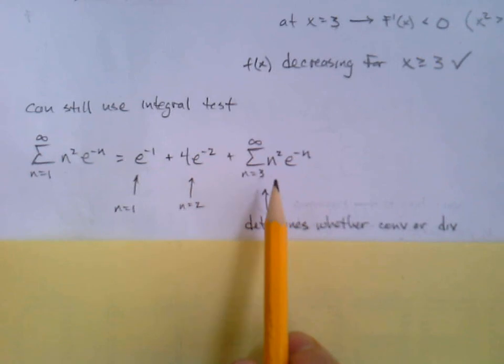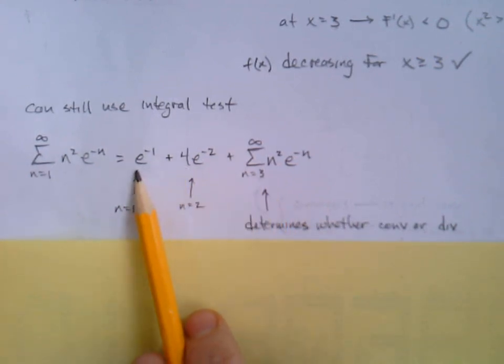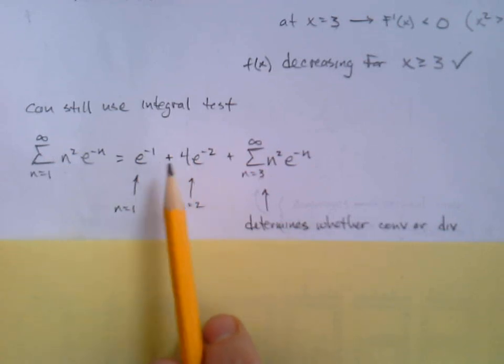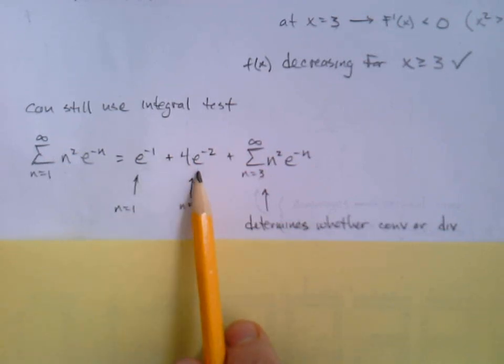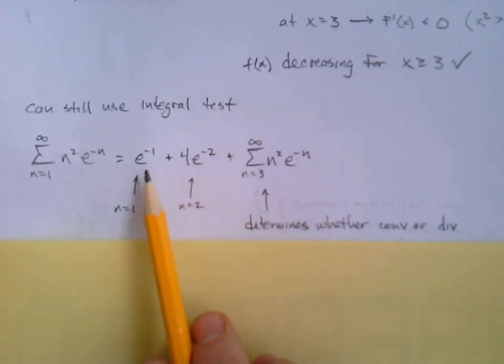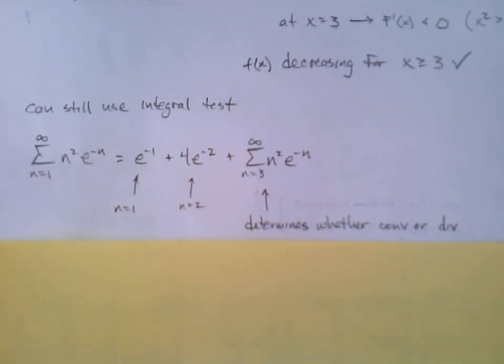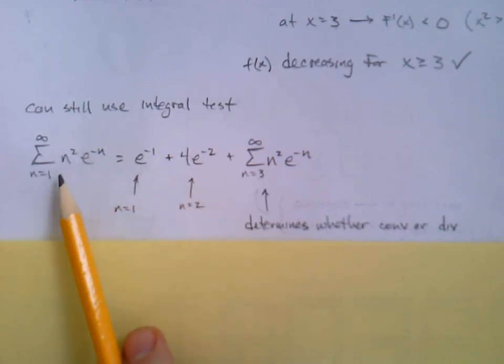Okay? Why is that? Because these are both finite values. So I've got these 2 finite numbers adding on to this. If this is a finite number and I add on 2 other finite numbers, I get a finite number for the whole thing and it converges. So if this converges and I add on a little bit more, this is still going to converge.